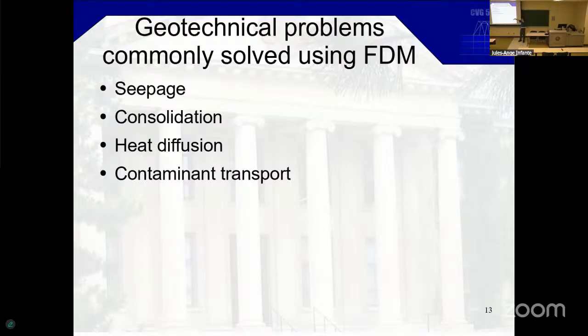So the same thing with contaminant transport and so on. You also change the viscosity of water, which means that the hydraulic conductivity may change. So things like consolidation rates may change also due to these things that can affect each other.